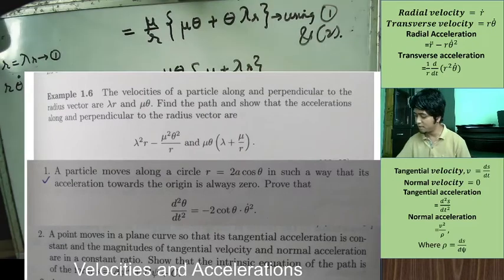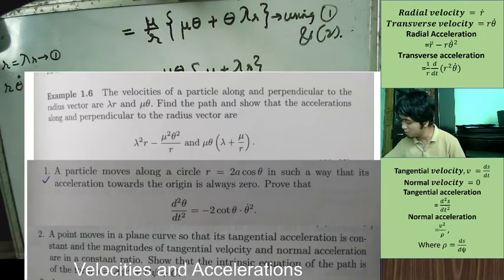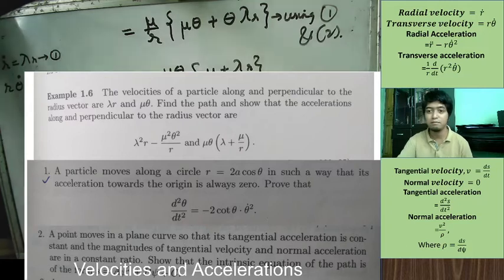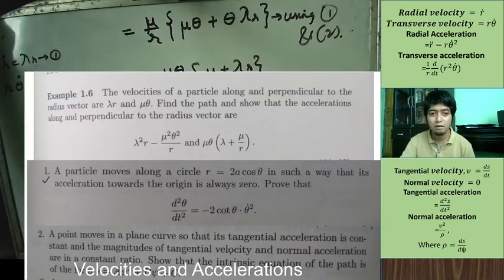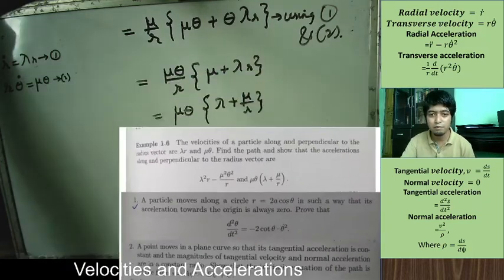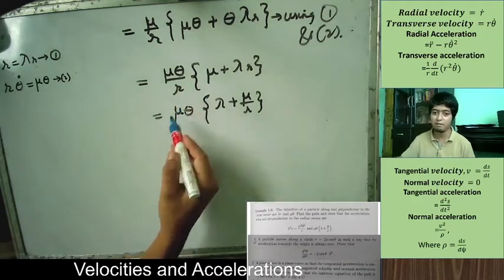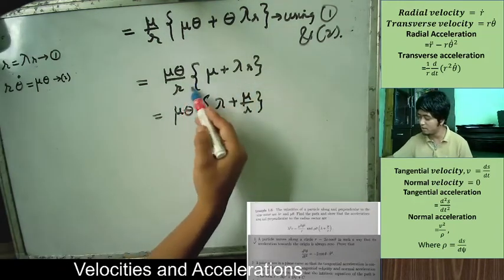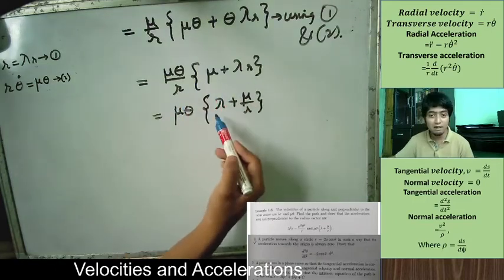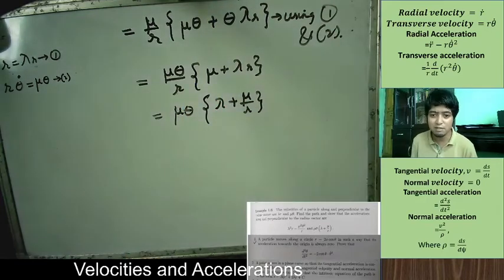You just have to simplify it to obtain something as in the given expression, which we can easily do. You need to keep only mu and theta outside. So this is what we have. r you can multiply again inside, we will get mu by r and lambda. So this solves the first question.